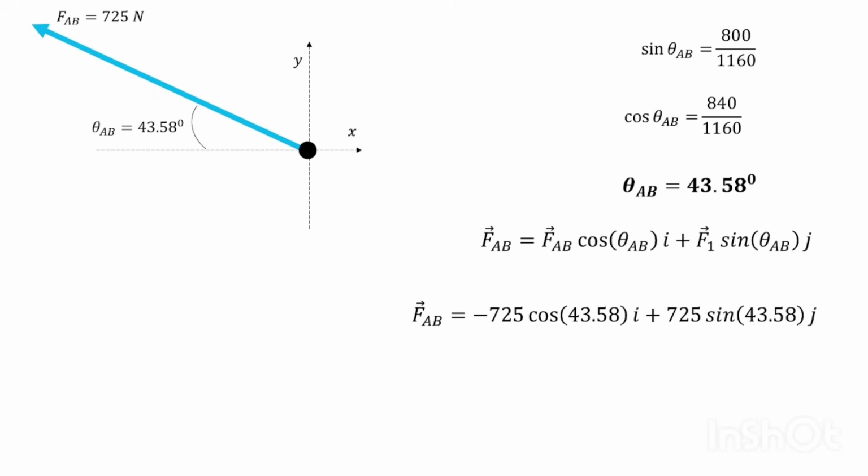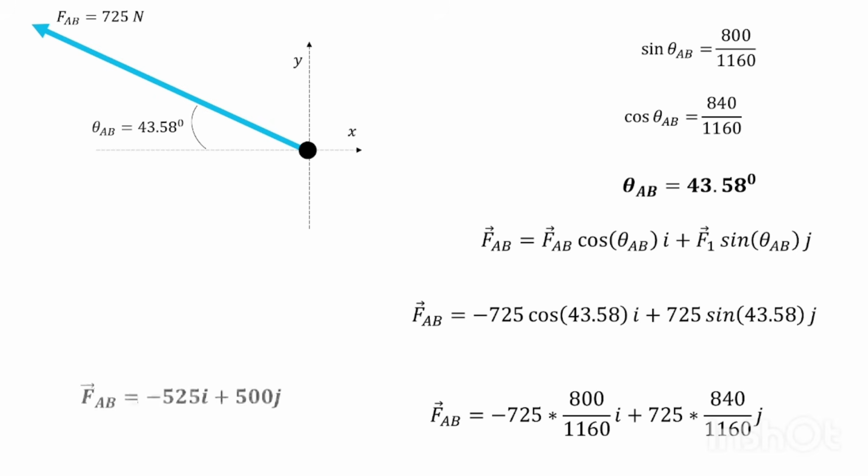For this case, it is minus 725 cos 43.58 i, because if we resolve the tensile force to the horizontal axis, it is going to be pointing leftwards, which is opposite to the direction of the x-axis itself. While for the y-axis, if we resolve this force FAB to the vertical axis, it is going to be pointing upwards, hence it is positive.